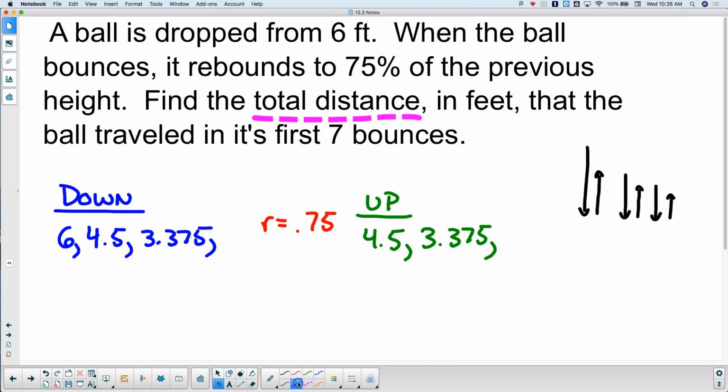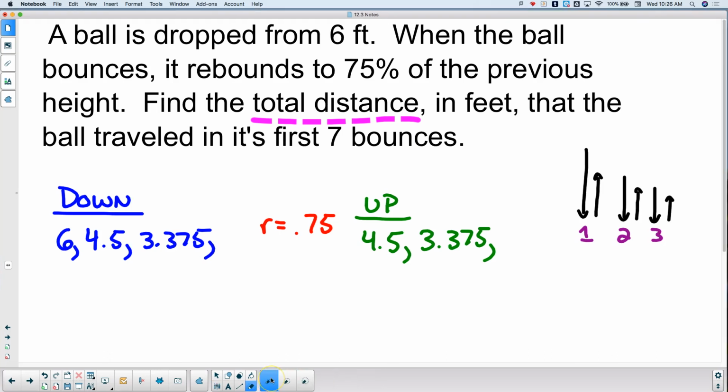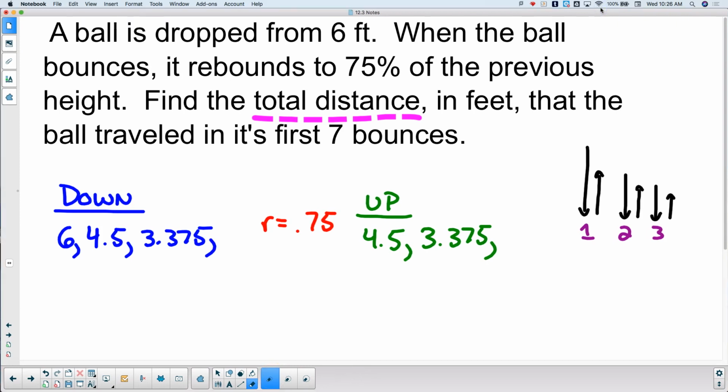So this is bounce number 1 right there, bounce number 2, bounce number 3. Just that quick, brief scenario, right?